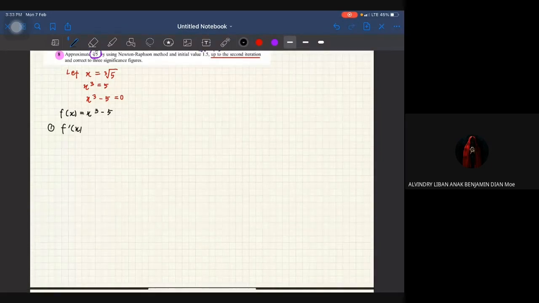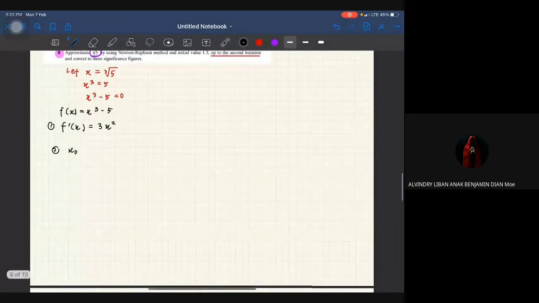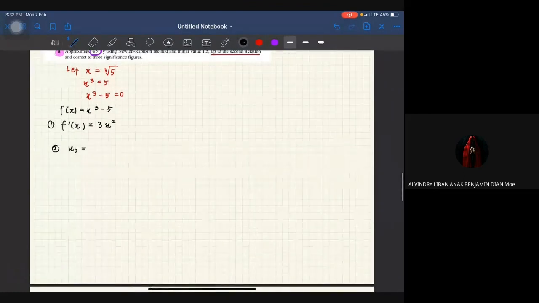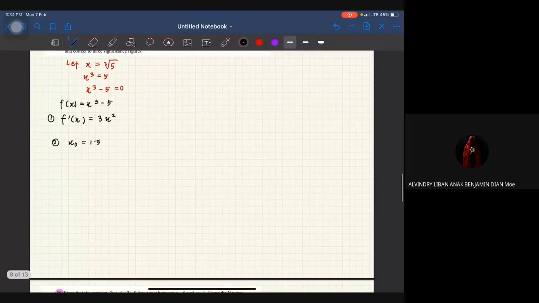First step, we need to find fx and also f prime of x. fx dah tahu, so tinggal differentiate saja, so you will get 3x squared. Settle. And then second step is what is our x naught? Soalan dah bagi, so our x naught is 1.5. Settle. Alright, step number 3. Saya tulis dulu general equation kita, before kita nak guna Newton-Raphson.